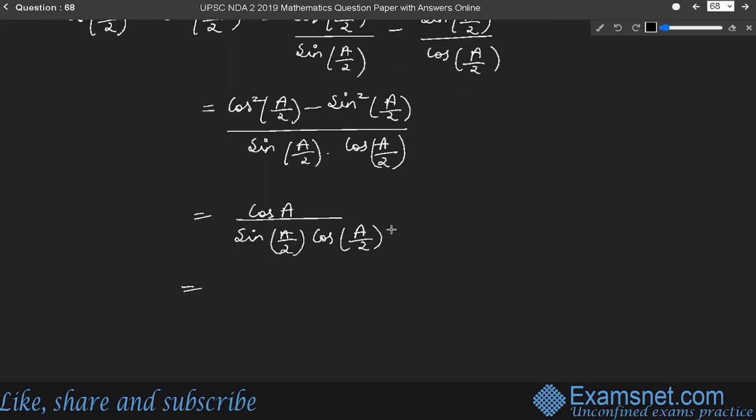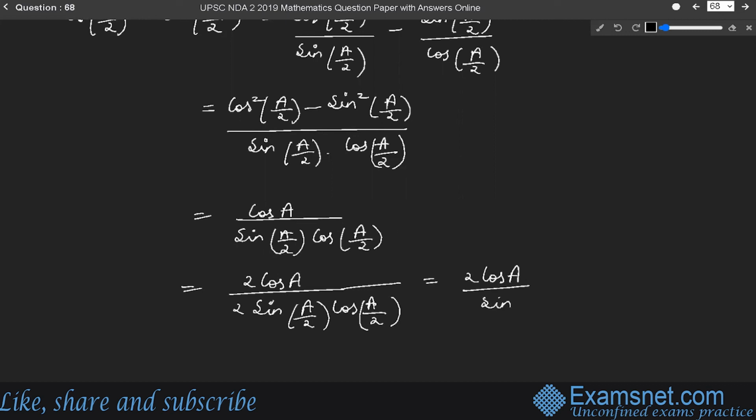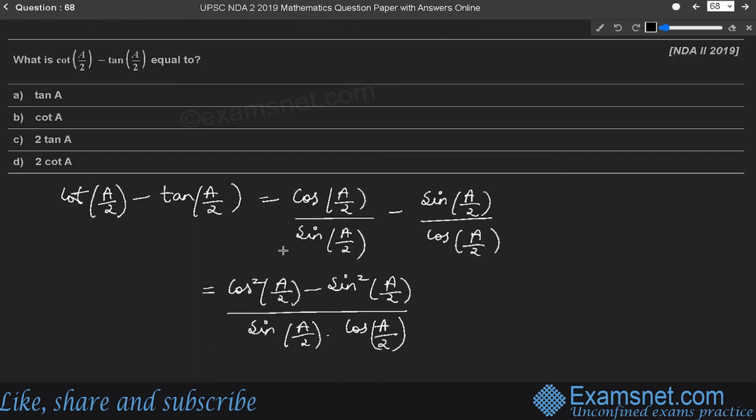So multiplying and dividing by 2 here, it becomes 2 cos A divided by 2 sin A by 2 into cos A by 2. Now we can apply the formula for sin 2 theta. So this will become 2 cos A upon sin A. Cos A upon sin A is cot A, so it will be 2 cot A. Therefore, we can say that the correct answer for this question is option number D, which is 2 cot A.